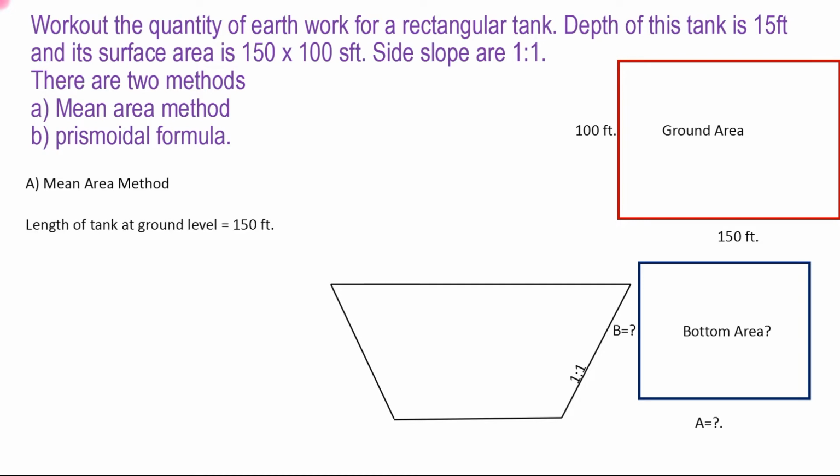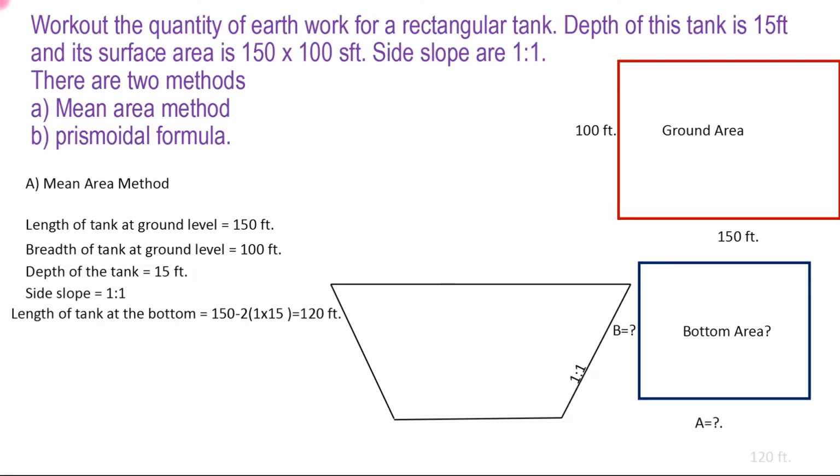In the mean area method, we have the given data: depth of tank and side slope. The length of the tank at the bottom is 150 minus 2 for both sides, times the ratio 1 into 15, which is the depth. Here it is 120 feet, the bottom length.